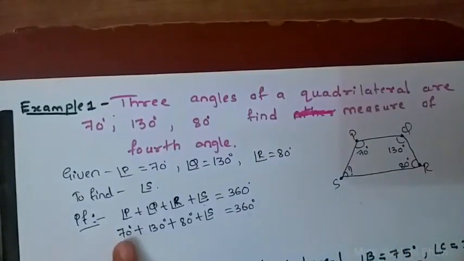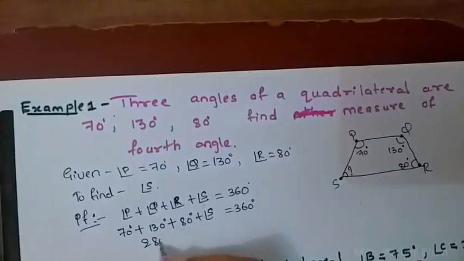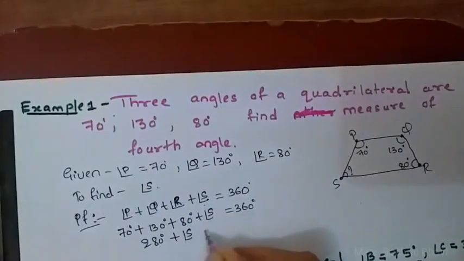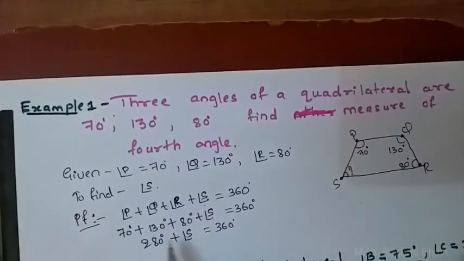Now 70 degree, 130 degree, 80 degree are the constant numbers. We have to add all these numbers. 70 degree plus 130 degree is how much? 200. 200 plus 80 is 280. So here you get 280 degree plus angle S, keep angle S as it is, is equal to 360 degree. Here 280 is the constant number. If it goes to the right hand side, plus 280 becomes minus 280.